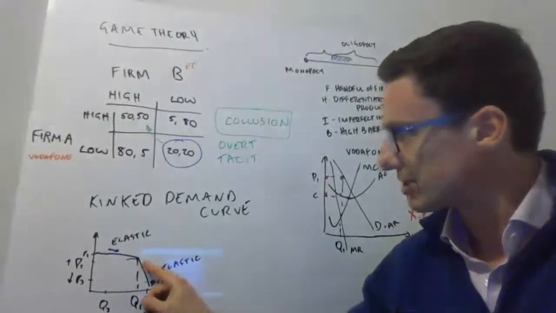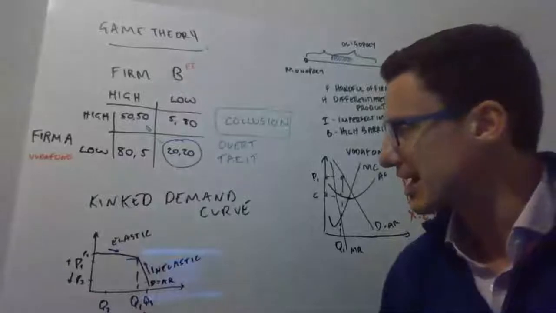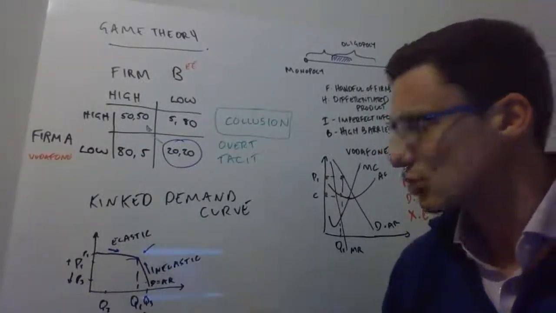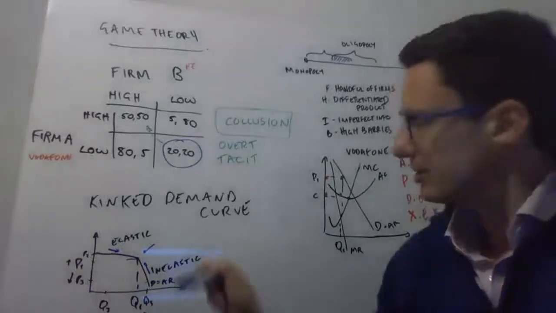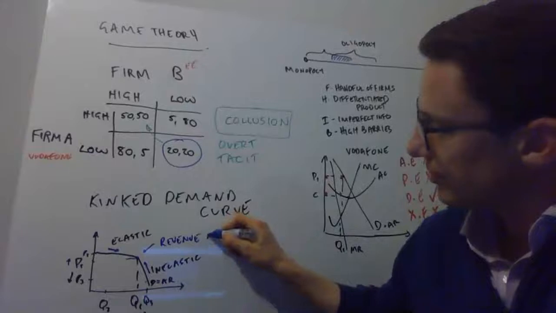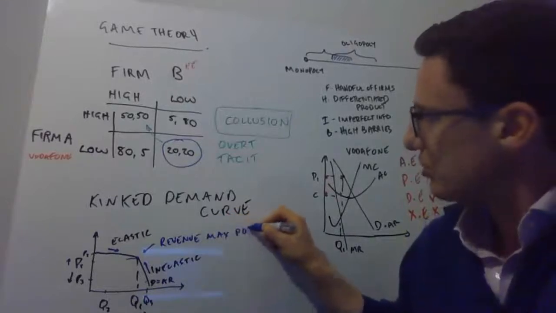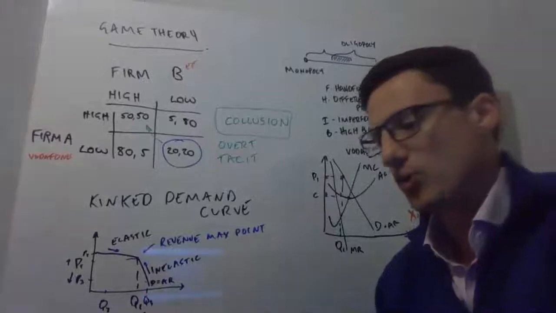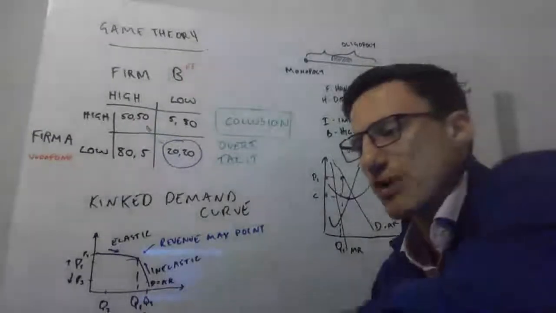So if you're increasing prices here and decreasing prices there, you're going to maximize your revenue here. This is a revenue maximizing point. And whatever you do, whether you increase prices above or decrease price below, you're going to lose revenue.